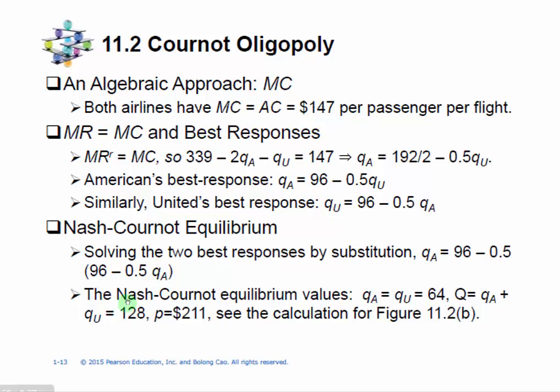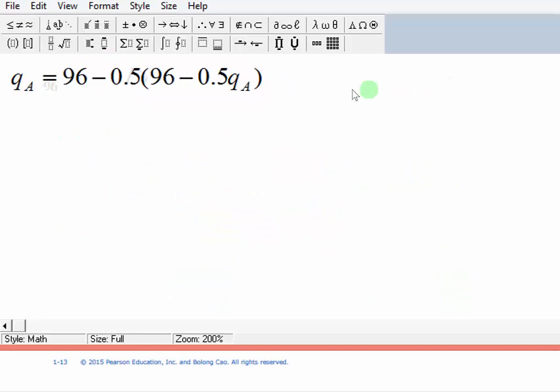Then we will get a result. So what we have done is that we replaced the quantity supplied by United by an expression of it as a function of QA. I will times this 1/2 on both sides of this equation.